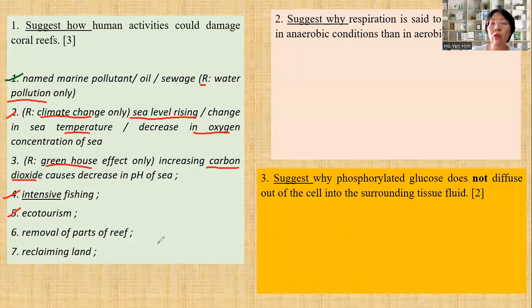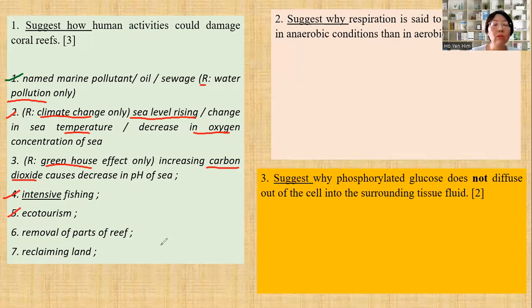Ecotourism, this one you would know if you have gone to aquatic ecotourism places like Pulau Redang or Pulau Sipadan. They say when you go snorkeling, do not remove anything from there and bring it home, but a lot of people will remove things. They disturb the sea turtles, disturb the fish, and play around the coral.